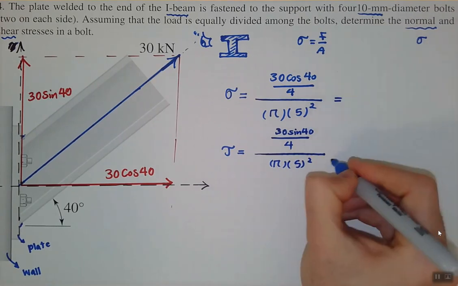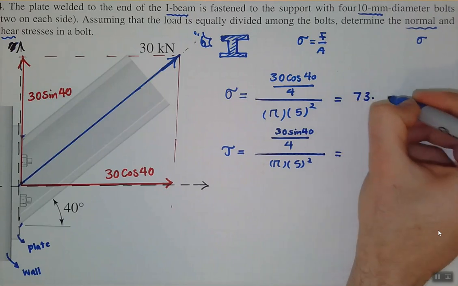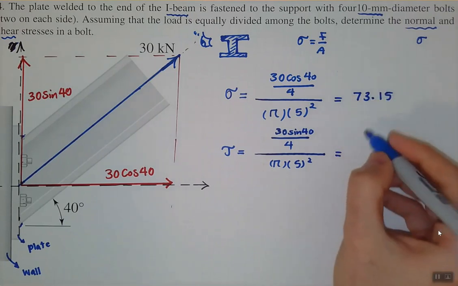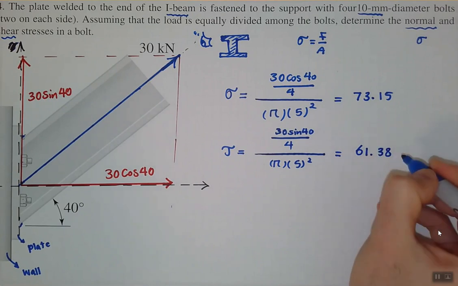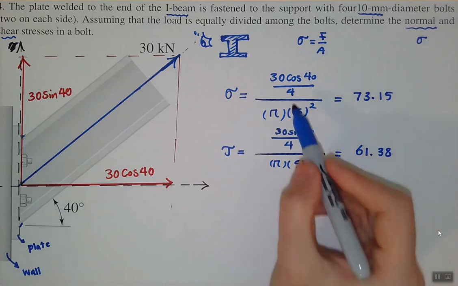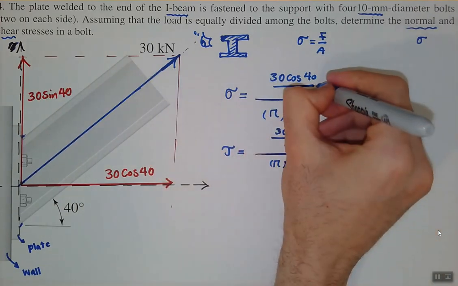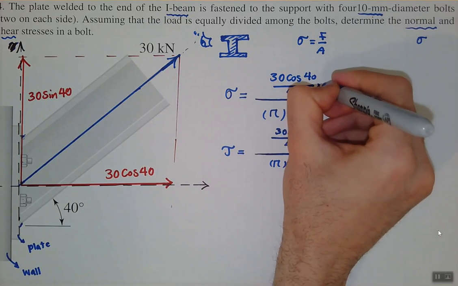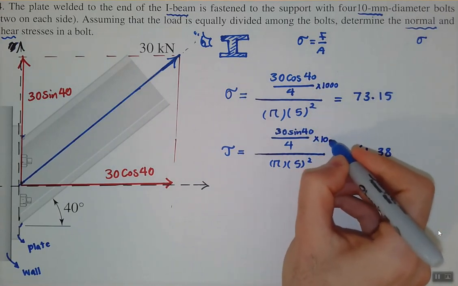If I simplify these, I'm going to get 73.15, 61.38. By the way, the force is in Newton, so we need to multiply it by 1000 and also multiply it by 1000, right?